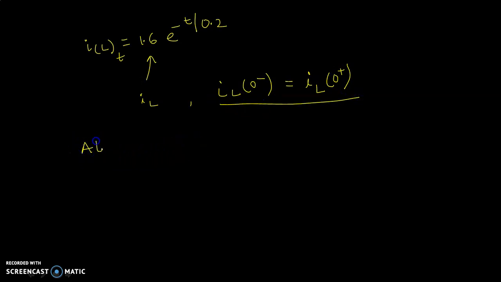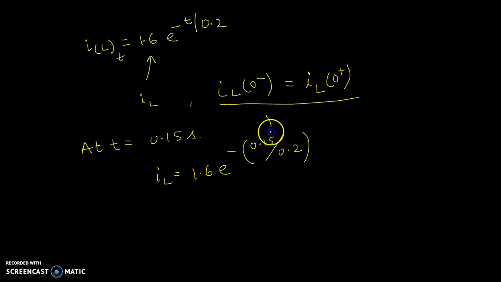Therefore, at time t is equal to 0.15 second, IL is equal to 1.6 e raised to power minus 0.15 divided by 0.2.